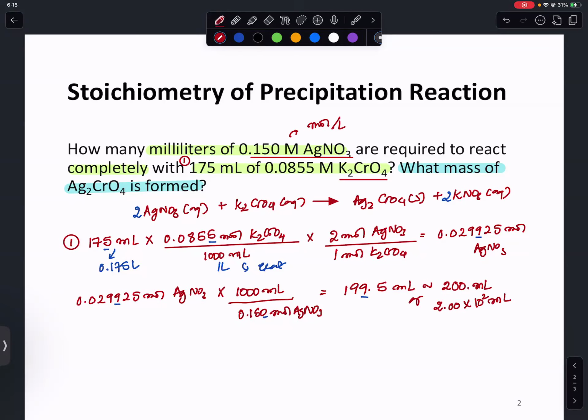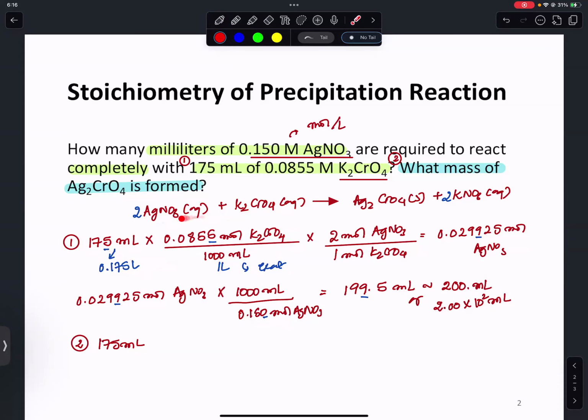Now let's look at part 2 of the question. What mass of silver chromate is going to be produced? Again, I can start with the volume that is given to me, the 175 milliliters. And I will basically do the same thing right here.